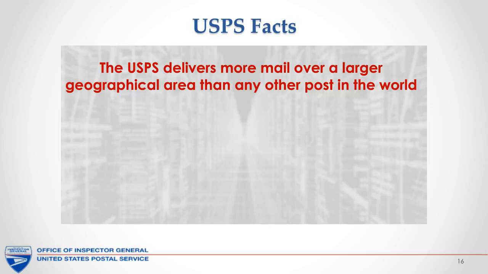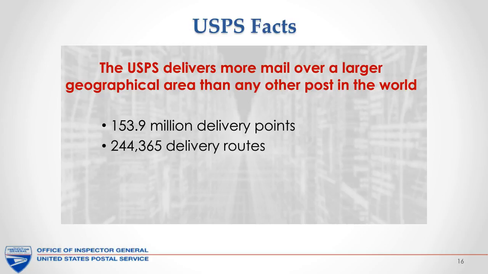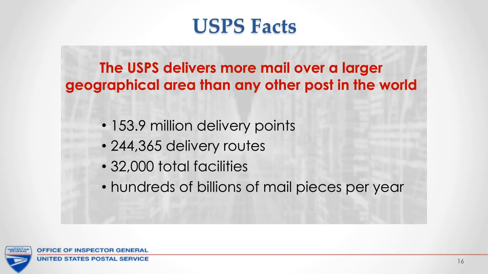So what this means in terms of data is that we have 153.9 million delivery points that we're delivering to every day, which equates to 244,365 delivery routes. And there's a little over 32,000 total facilities within the Postal Service. And of course, there's hundreds of billions of pieces of mail per year being delivered.